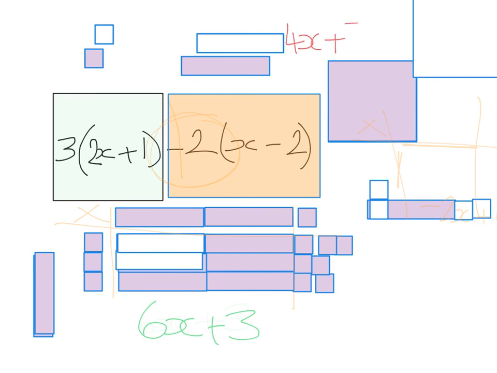Alternatively, I could have looked at my whole expression here. I could have gathered my like terms, so I've got 6x, take away 2x, that gives me 4x, and 3 plus 4 gives me 7.